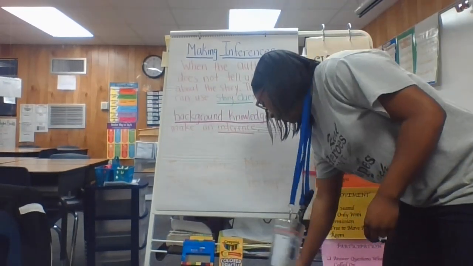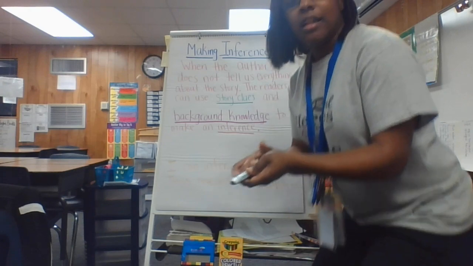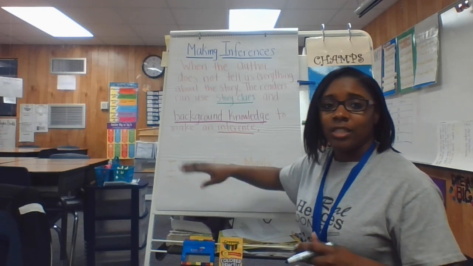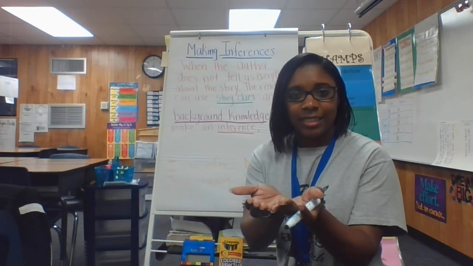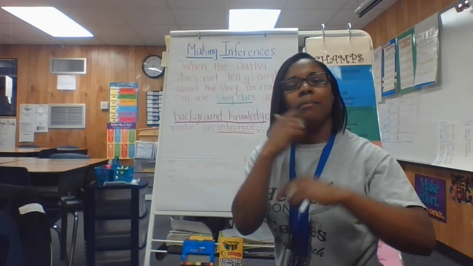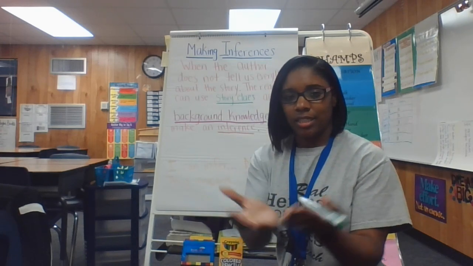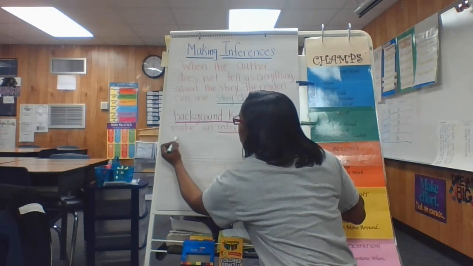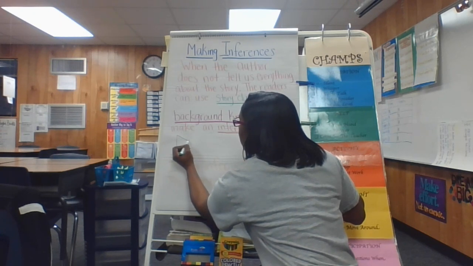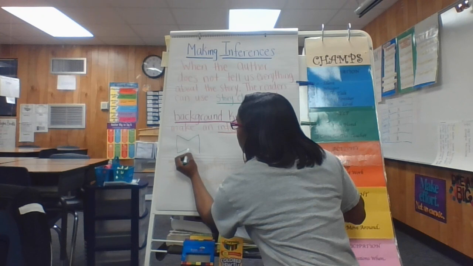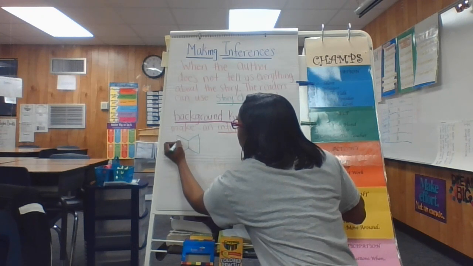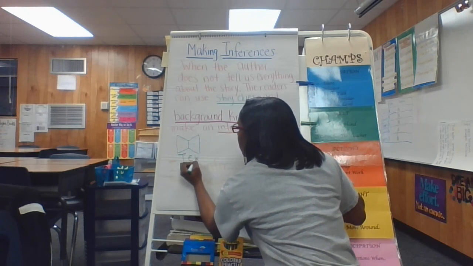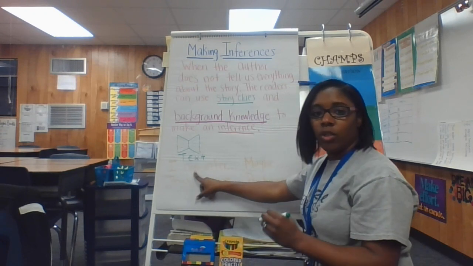So here is an inference equation. Now, I told us the equation before, but I want to write it out for you. So the equation is, we use what's in the text and we use what's in our brains to make a guess. So the text, our brains, and we can make a guess. Okay? So I'm going to draw a book. First thing, we use the text.